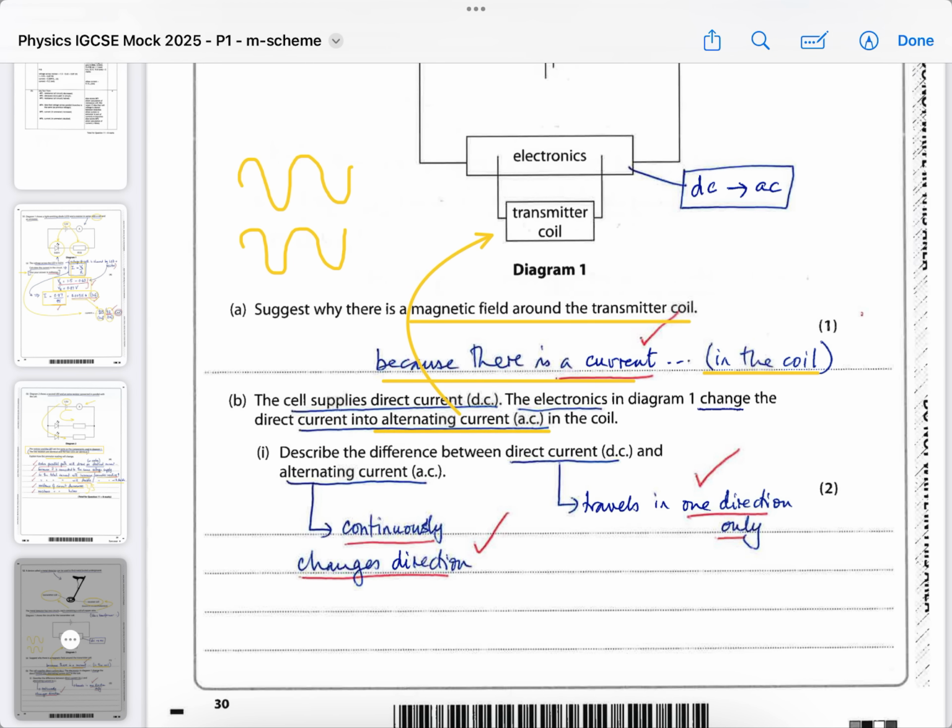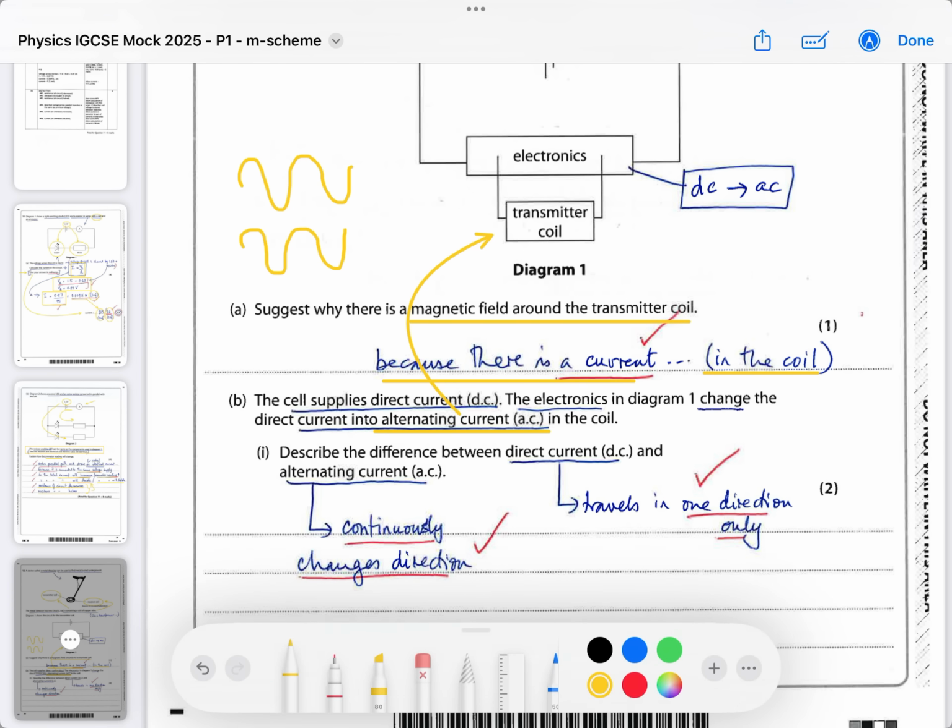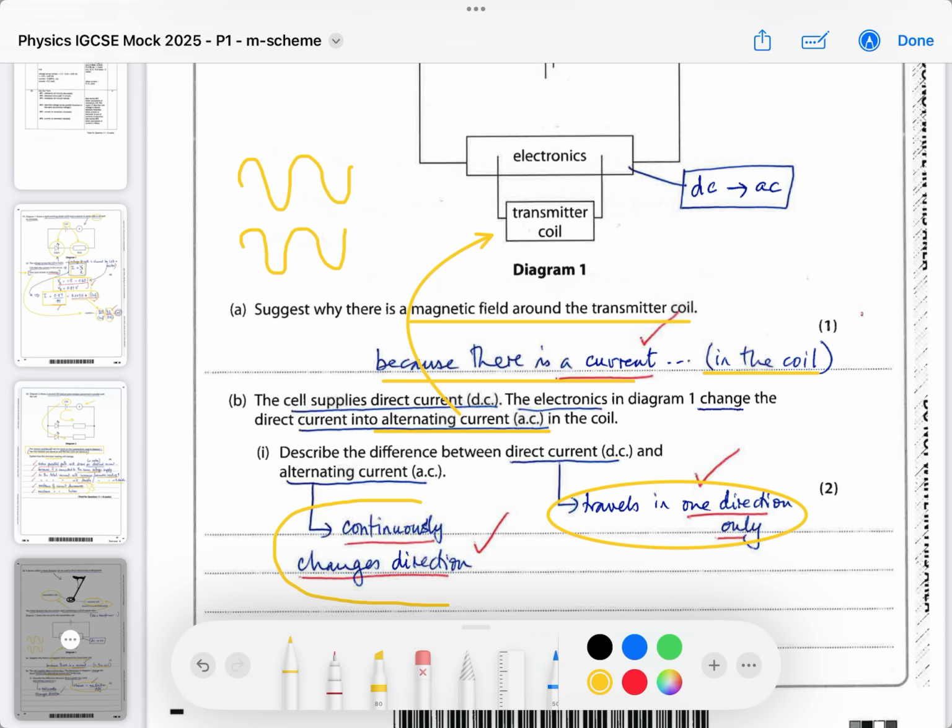Describe the difference between direct current and alternating current. Well, direct current travels in one direction only. Yes? Whereas alternating current is continuously changing direction. Yeah? So it's from mains electricity, from topic 2, and you need to say continuously changing direction. You don't say it travels in both directions.